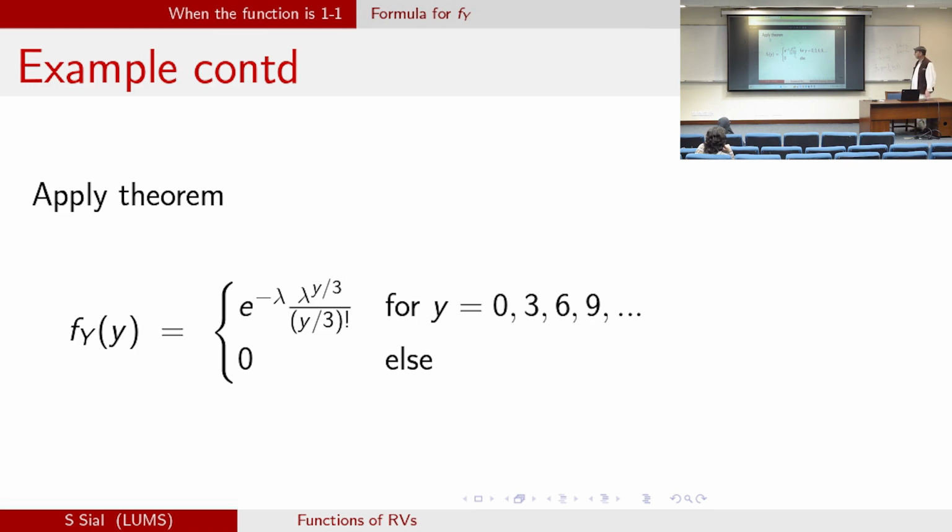Okay, so k is taking values y over 3. Sorry, y is taking values 3k for k equals 0, 1, 2, 3. So y is taking values 0, 3, 6, 9. So e to the negative lambda, lambda to the k would be lambda to the y over 3, over k factorial would be y over 3 factorial. And 0 otherwise, as before. Okay. All right. Any questions about that one?